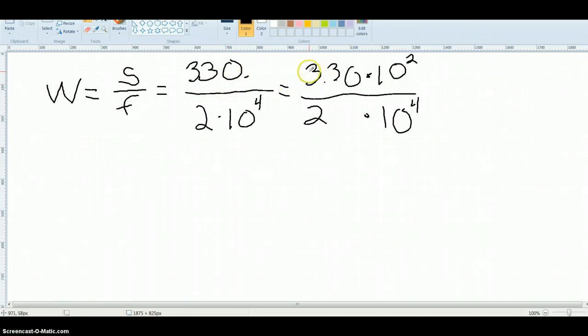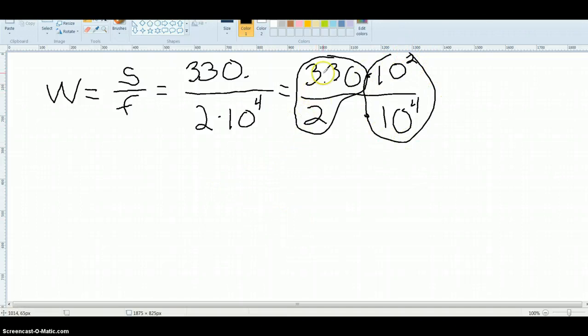So if we have 3.30 and we move this decimal 2 times, that's going to be the same as 330. Okay, so now that we have these in scientific notation, then we can simplify it even more, and let's divide out the numerator and the denominator that are coefficients, and then we're going to tackle these separately.